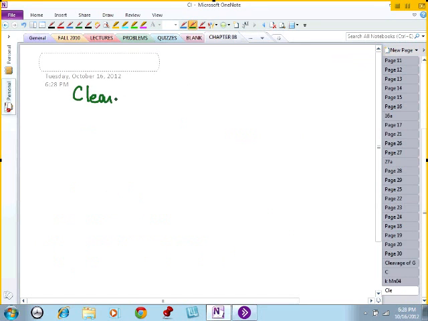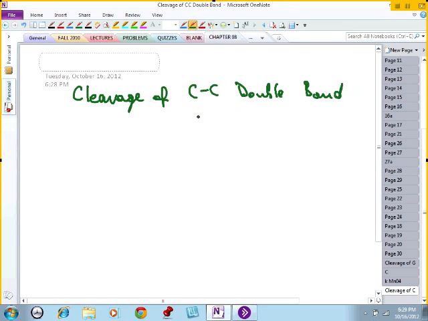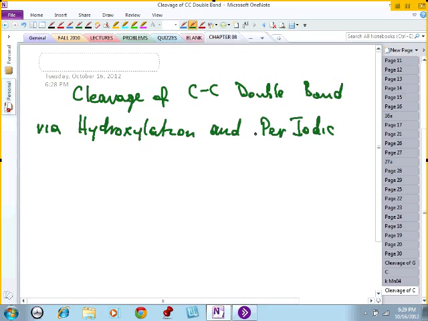I'll say cleavage of carbon-carbon double bond via hydroxylation and periodic acid oxidation. Now, what do we mean by that?